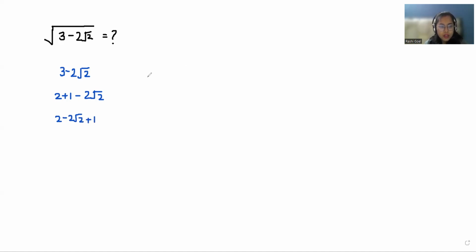Now I can compare this with the very famous identity, that is (a minus b) whole square equals a square minus 2ab plus b square. If I compare this, the value of a square is 2, minus 2ab is minus 2 root 2, and b square is 1.